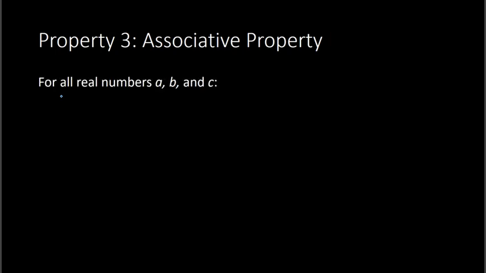The associative property says that if I have real numbers a, b, and c, then this would be true. So let me interpret what we have here. If you're adding the three numbers together, it doesn't matter if I add a plus b first and then add c, or add b plus c first and then add a.